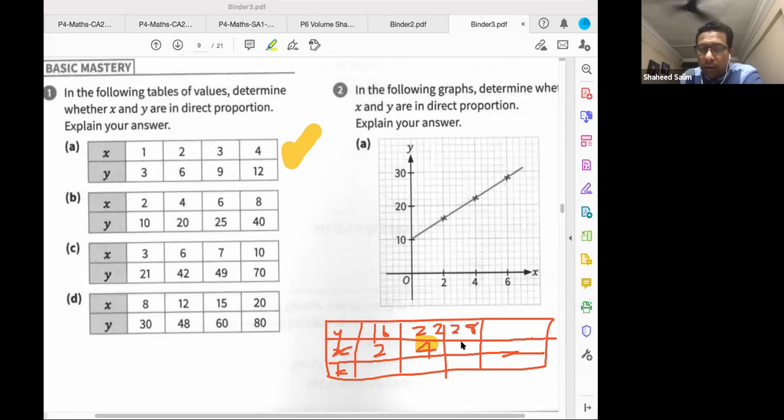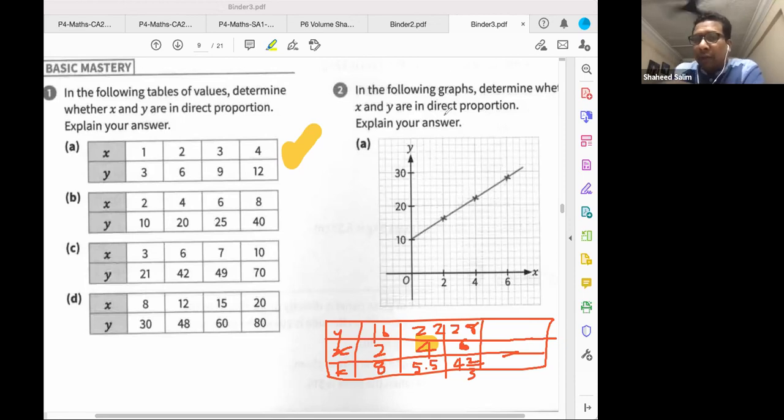Then you try. 16 divided by 2 is 8. 22 divided by 4, you get 5.5. 28 divided by 6, 30 divided by 6 is 5, this is 4 and 2/3, I think. So can you see K keeps changing? I've also proven without telling you about the point of origin, this is not in direct proportion.